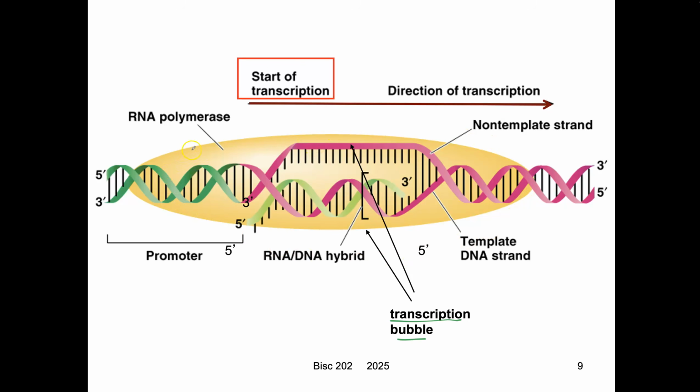You've got your RNA polymerase, and it's moving. This is the RNA that's being produced. It's produced from the 5' end to the 3' end, so the RNA polymerase is moving this way along the DNA. As the RNA polymerase moves along, the template strand opens, so it's unwinding here. The enzyme is moving along very fast.